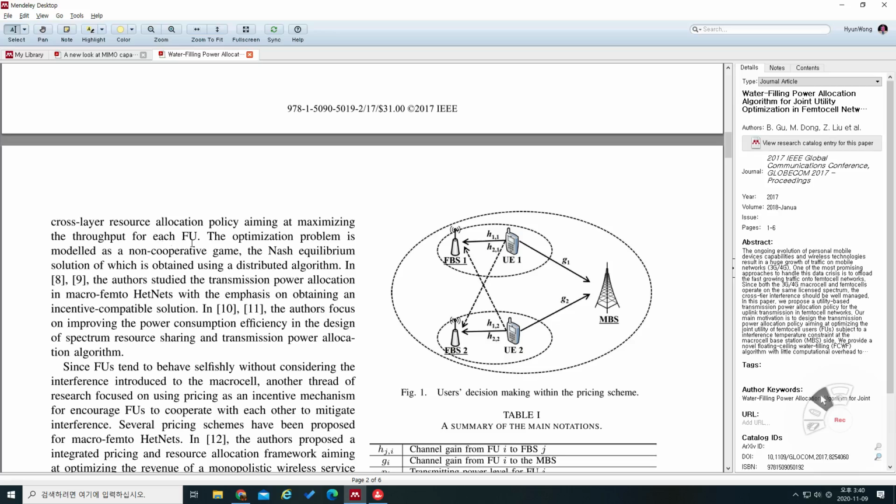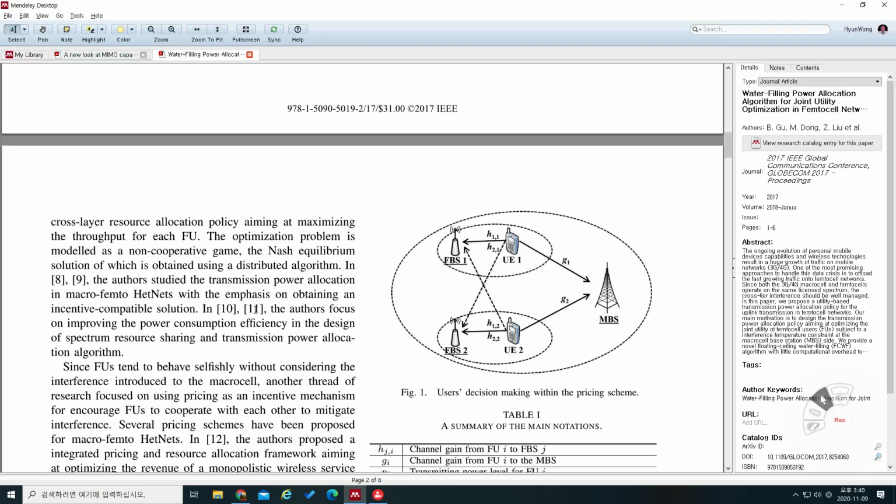The optimization problem is modeled as a non-cooperative game, the Nash equilibrium solution of which is obtained using a distributed algorithm. In [8] and [9], the authors studied the transmission power allocation in macro-femto networks with the emphasis on obtaining an incentive-compatible solution.